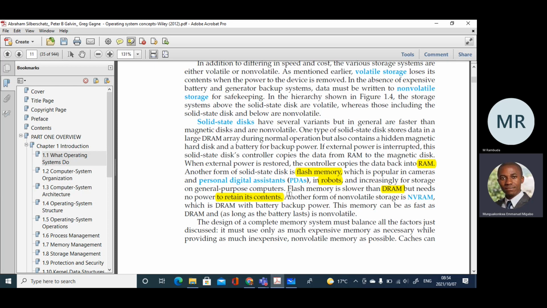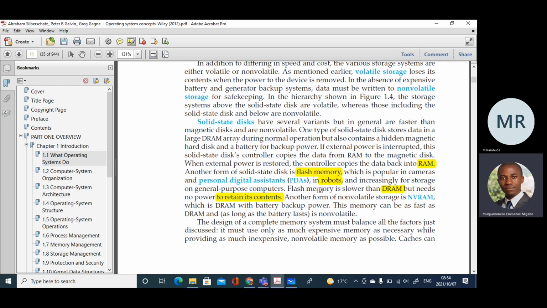It's non-volatile. But we also have another form of non-volatile storage, which is called NVRAM, non-volatile RAM, which is DRAM with battery backup power. The battery backup power can be something as small as a supercap. I'm mentioning supercapacitors because you have done electronics as well.